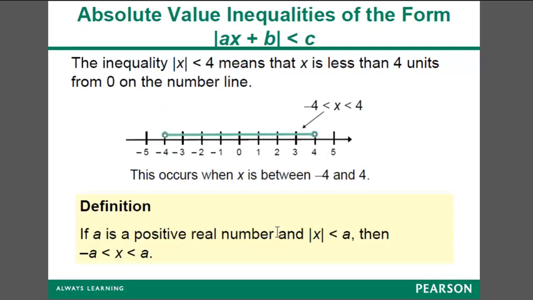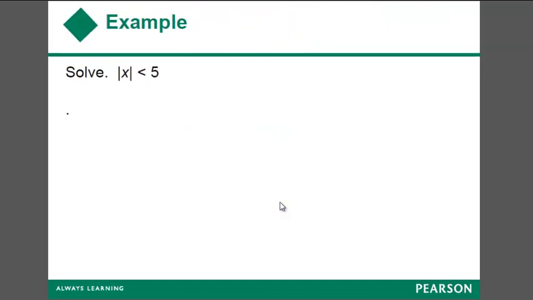Now when we're looking at the absolute value in an inequality, we have to think about this. If we want the absolute value to be less than a number, what we're going to do is say that the absolute value is between the negative and the positive. So we're going to sandwich it between the negative and the positive.